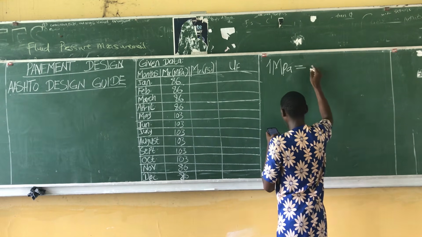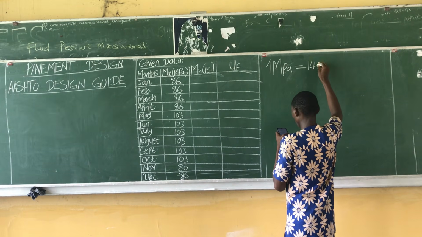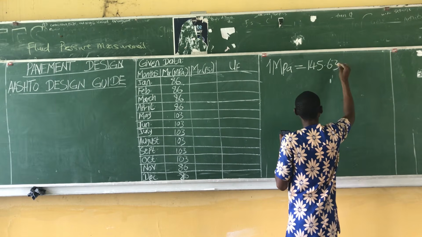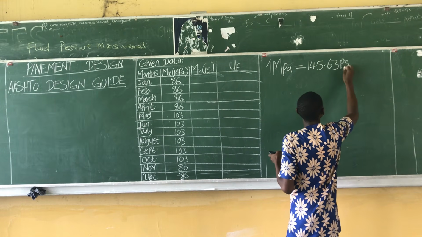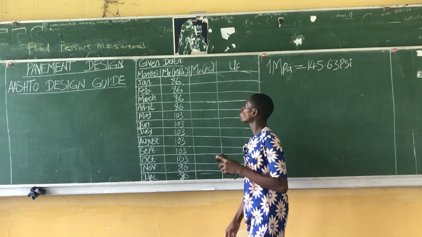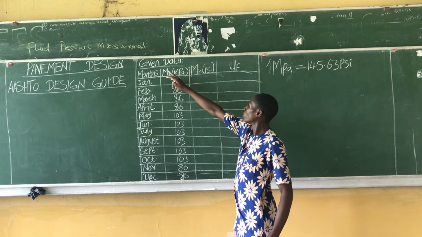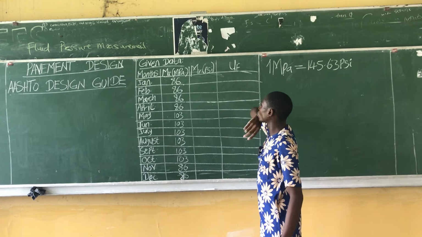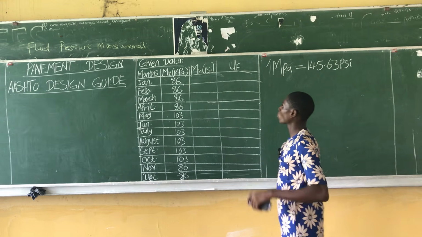is equal to 145.63 pounds per square inch. So we have to convert our resilient modulus in megapascals to pounds per square inch.